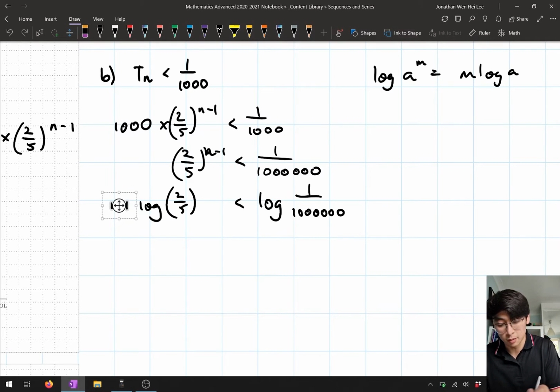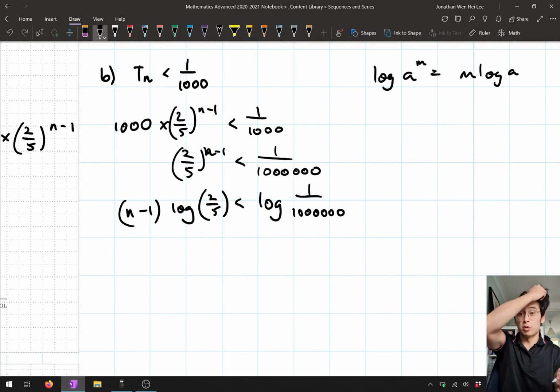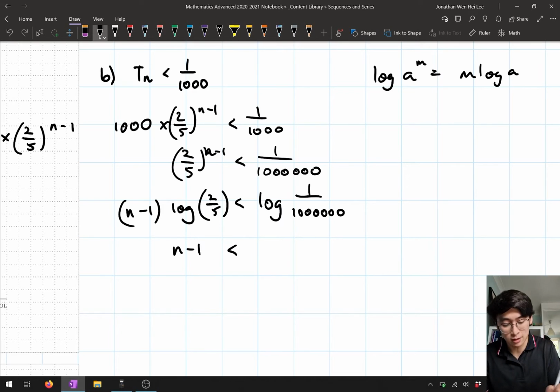So this becomes n minus 1 times log 2 over 5, and that's equal to log 1 over 1 million. And so when we're solving this, I get n minus 1 is less than.